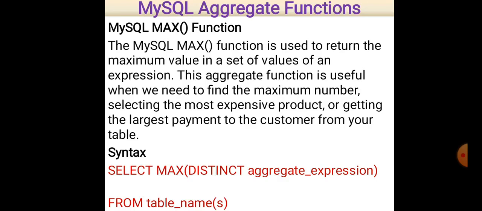Two important things regarding the max function, regarding aggregate functions. First, you cannot use aggregate functions directly; they are always used with a select statement. Second important thing, there is a table named dual, which is a default table.